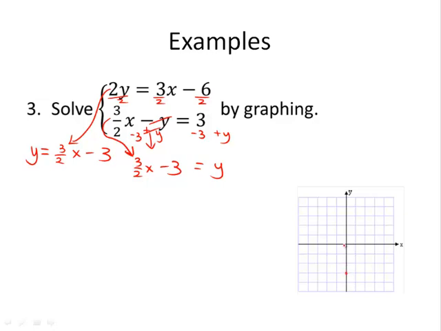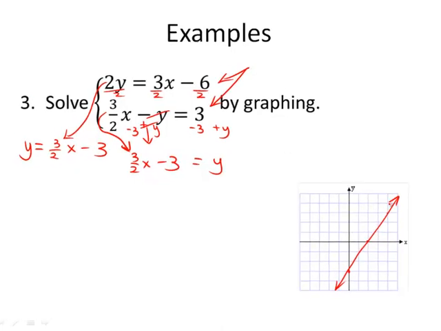Starts at -3, goes up 3 over 2. And the other one would be graphed exactly the same. So in this case, we want to express that all of the possible points that work for both of these equations are described by this line equation.